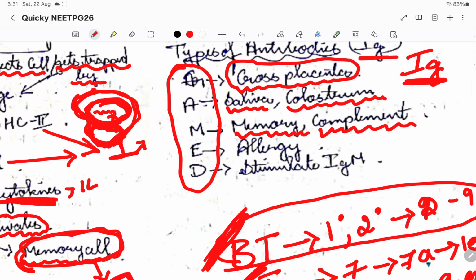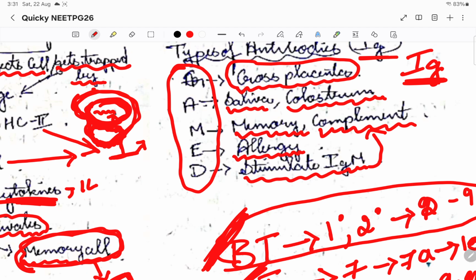In allergies it is IgE that is increased. So if someone comes to you with sneezing or sinusitis and allergy, and we do their testing, their IgE antibodies will be increased. Then coming to IgD, it stimulates IgM, that is memory and complement formation, so this also enhances its function. This is a supportive cell of IgM.